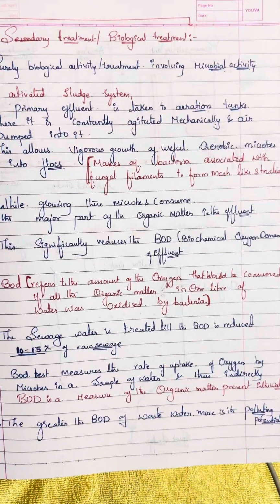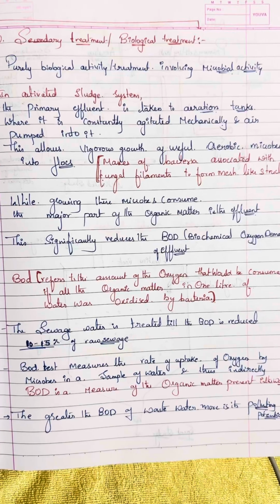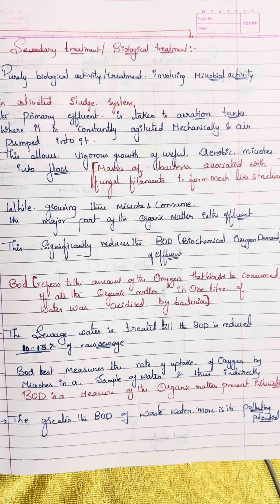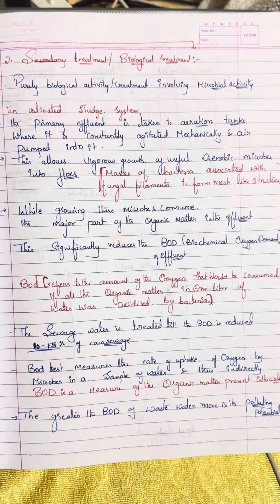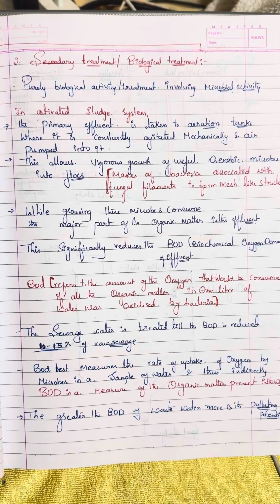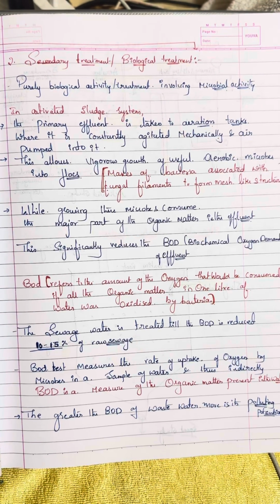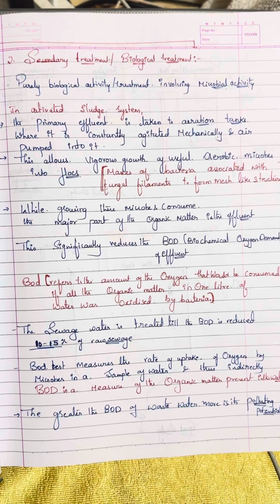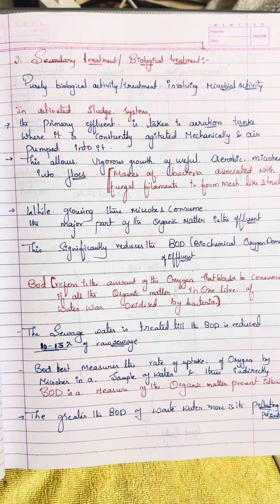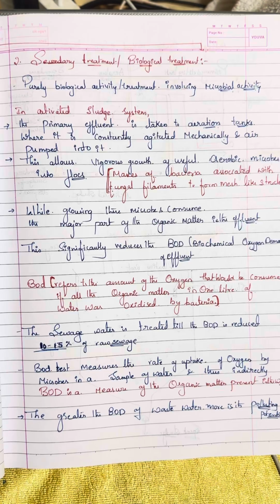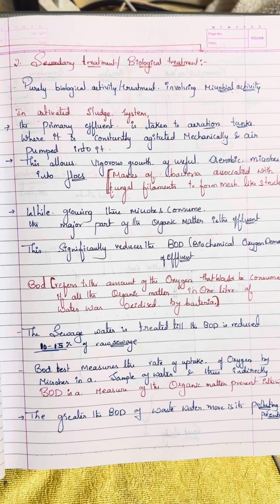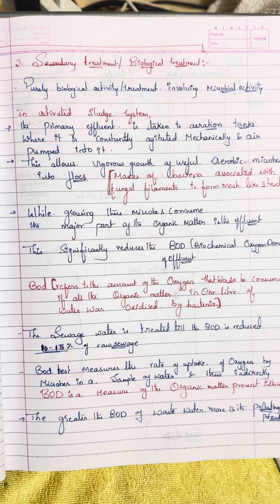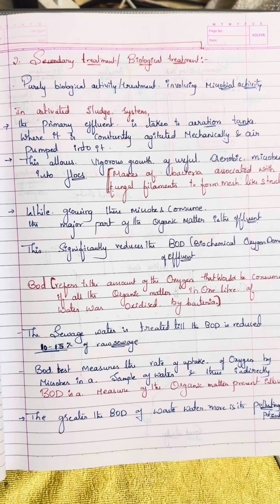Secondary treatment, also called biological treatment, uses microorganisms for filtering all the materials. It is purely biological activity involving microbial activity. In the activated sludge system, the primary effluent is taken to the aeration tanks where it is constantly agitated. Agitated means circulated.